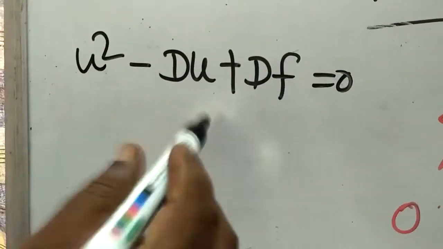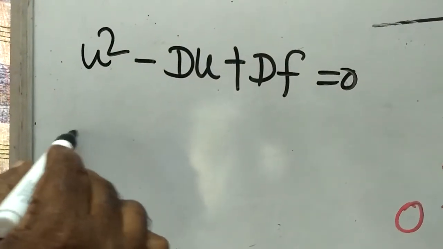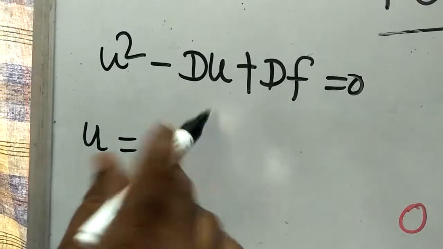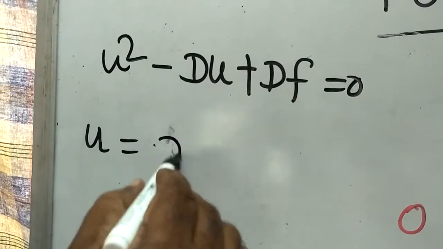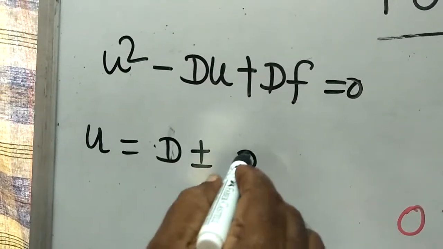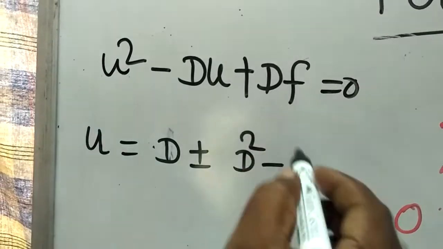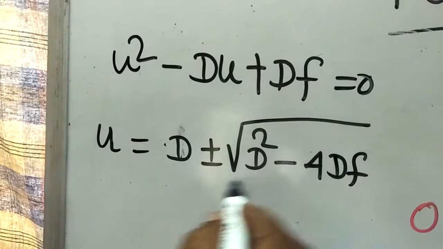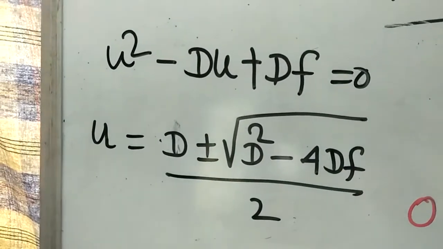Then solve this. There are two values of u. So u = (D ± √(D² - 4Df)) / 2.